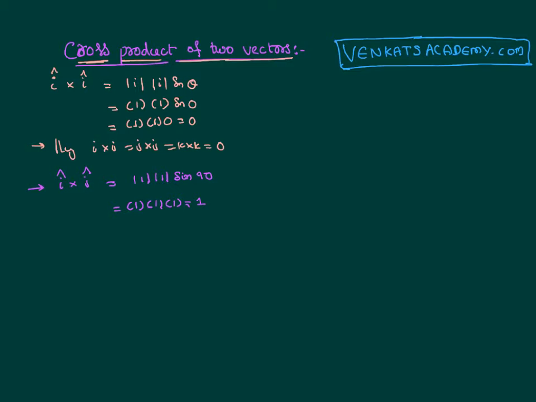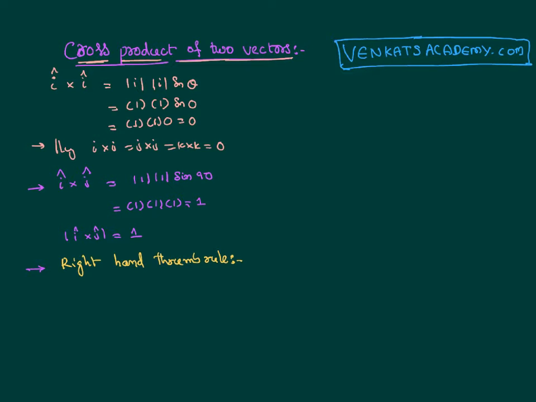Be careful, it's a magnitude I got, the magnitude of I bar cross j bar is equal to 1. But being a vector output, it's not only going to have a magnitude but also a direction. To find out the direction, we have a rule called the right hand thumb rule. I can use the rule to find out the direction of the cross product of the two vectors.